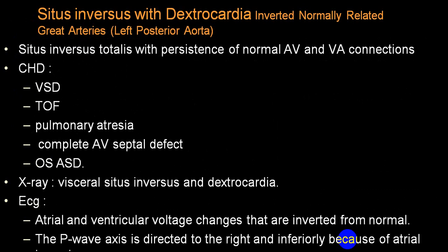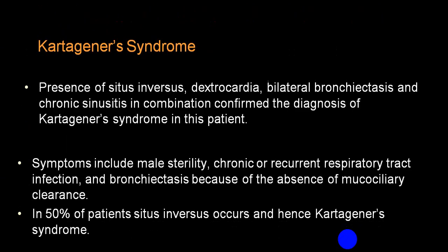Situs inversus with dextrocardia is also associated with a normal incidence of congenital heart disease, that is 3 to 5%. Kartagener syndrome, I've already mentioned, is associated with bronchiectasis, abnormal ciliary mucosa in sinuses, and may be associated with even cystic changes in the pancreas, rare conditions.